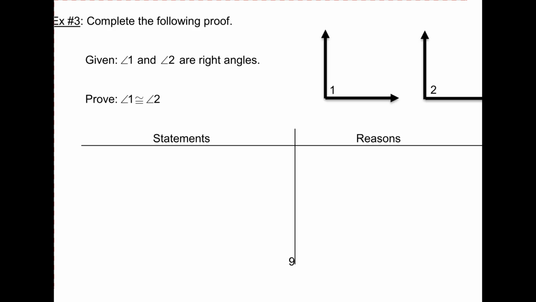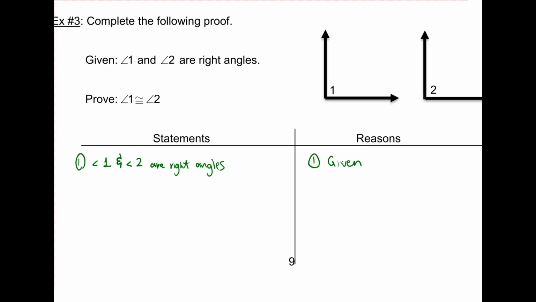Under our statements, the first statement is always the given. Okay, step 1 done. Awesome.